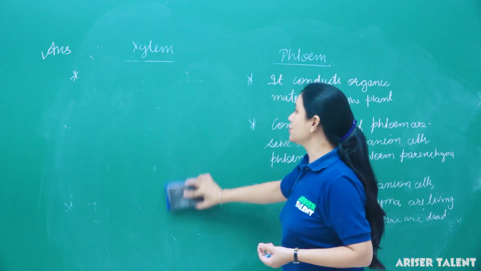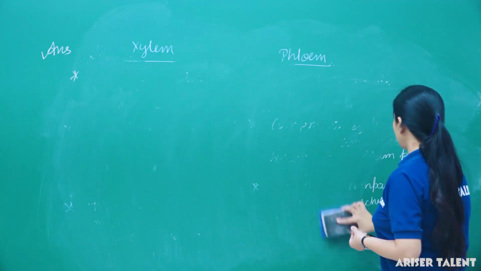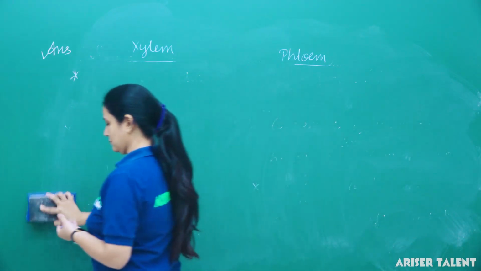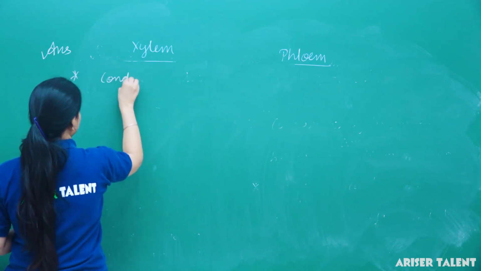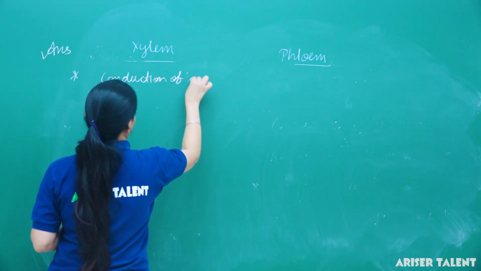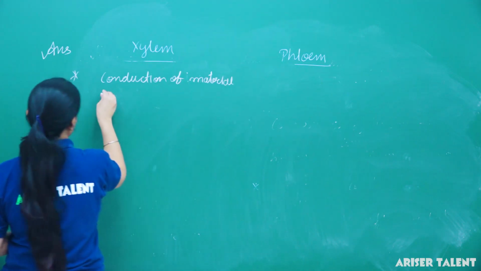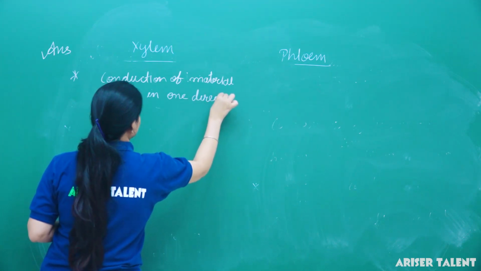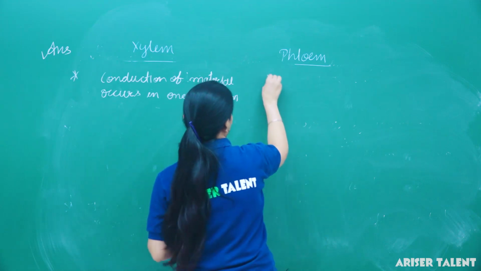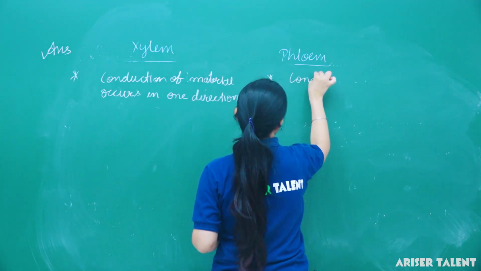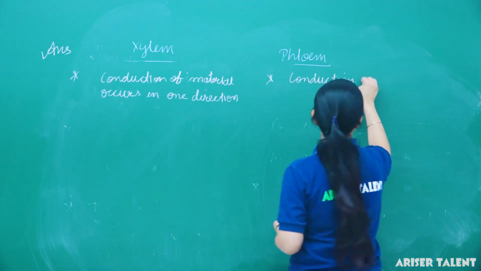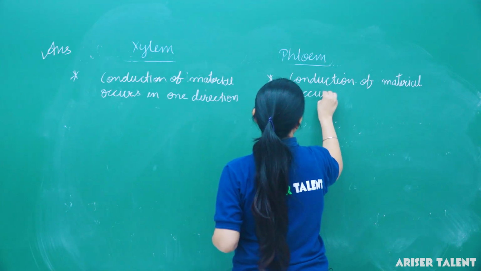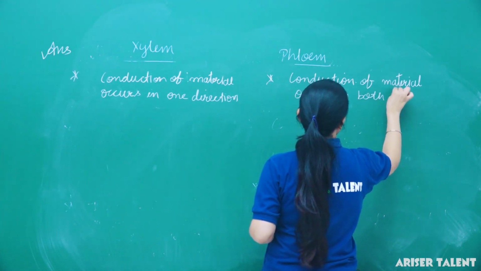We have studied that conduction of material in the xylem occurs only in one direction, but in the phloem conduction of materials occurs in both directions.